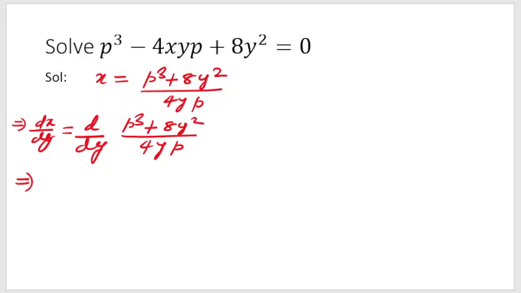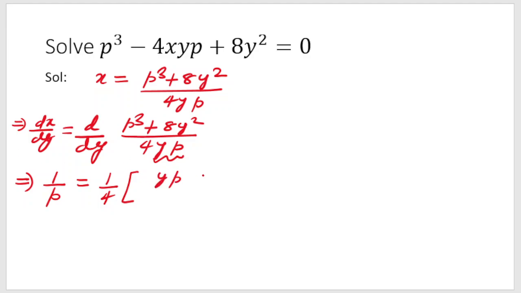And what we do, we replace dx by dy by 1 by p. Here we can apply the u by v formula, or I can take this 1 by 4 term outside so that it looks simpler. So the denominator becomes yp because the 1 by 4 constant I have taken outside.